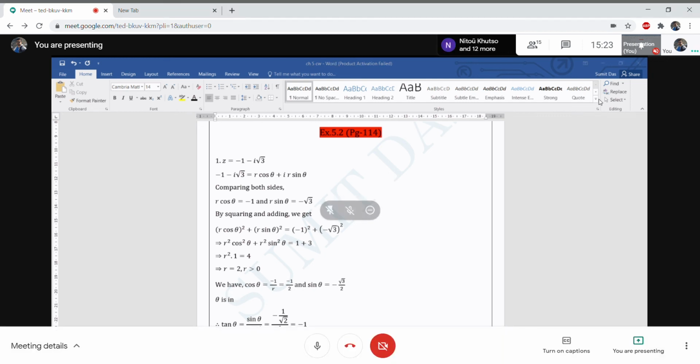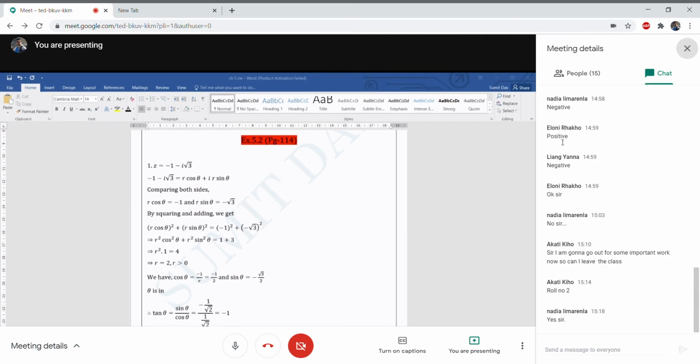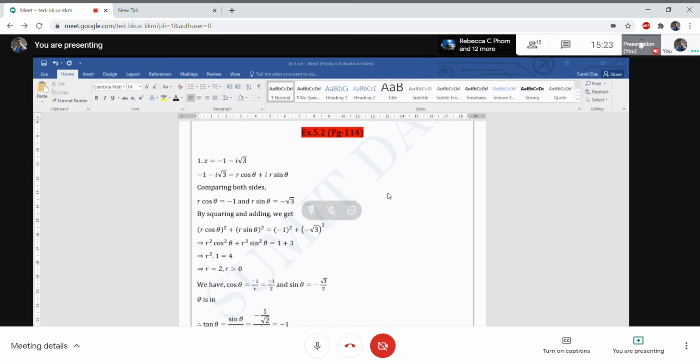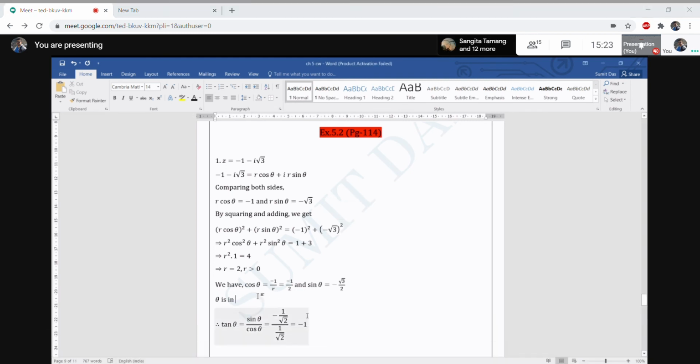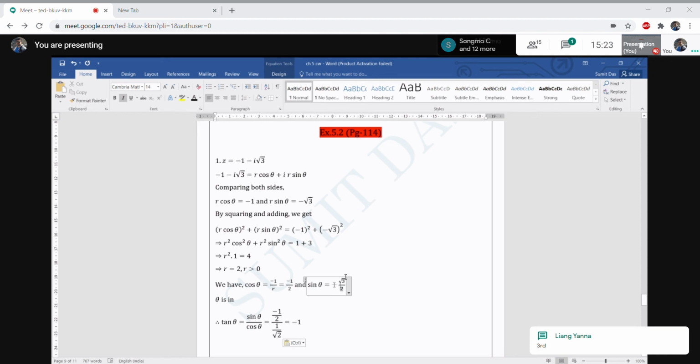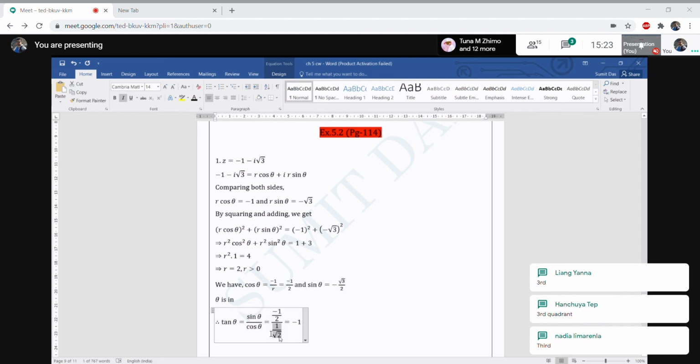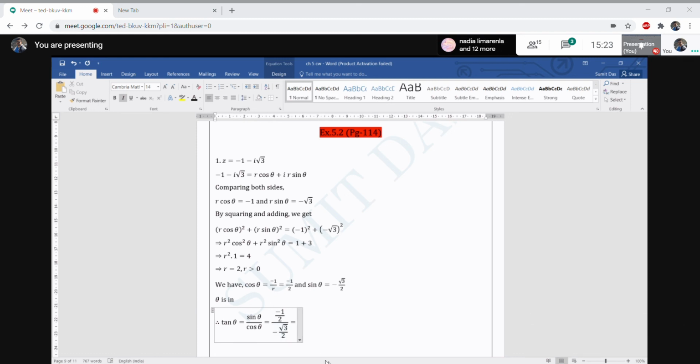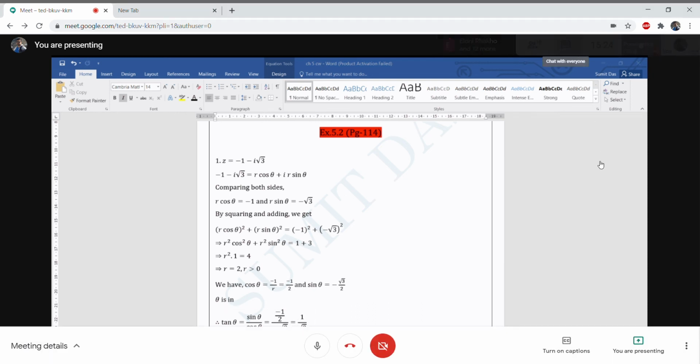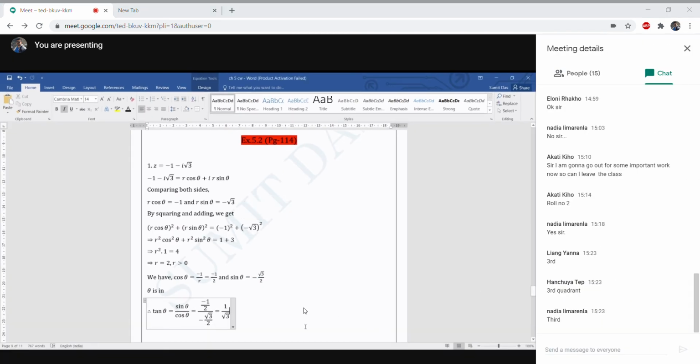Fast, please, everyone, anyone? Third quadrant, right? Yeah, theta is in the third quadrant.